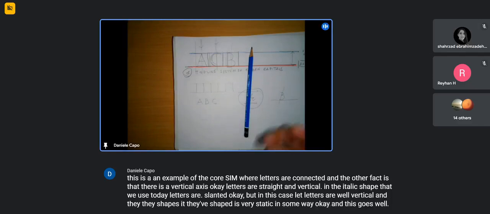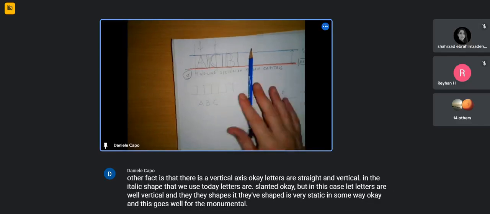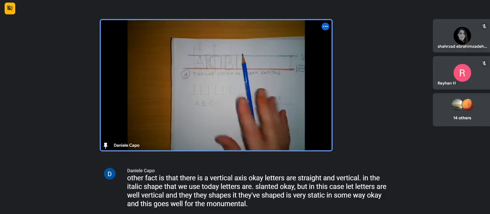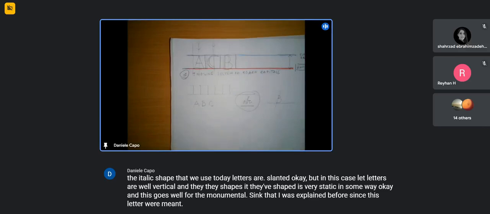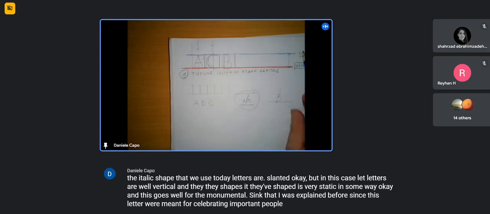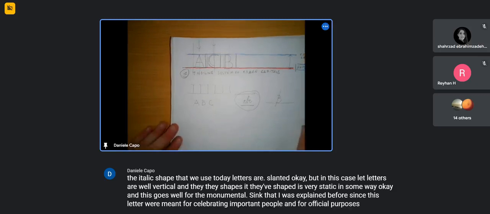And this goes well for the monumental thing that I was explaining before, since these letters were meant for celebrating important people and for official purposes.